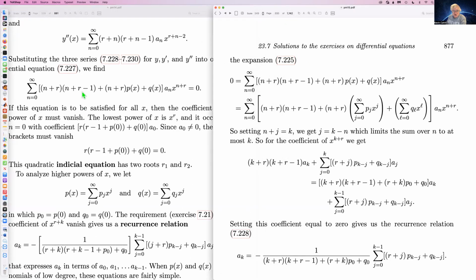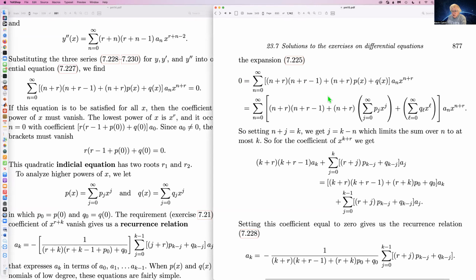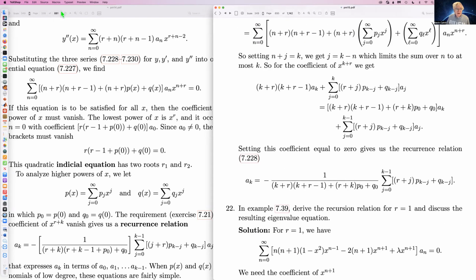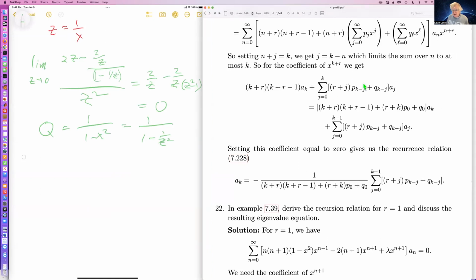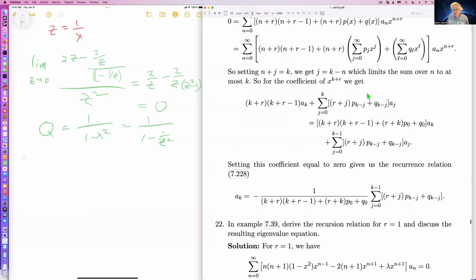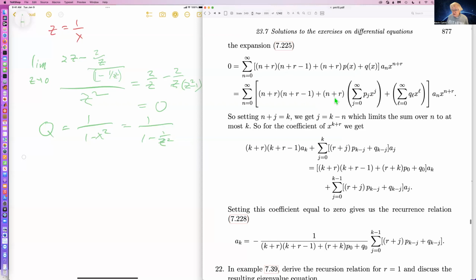Okay, so this equation is here, and that's equal to 0. Now what you do is you express p as a sum and q as a sum. Now let me get this out of the way in case I write something on the iPad. So now you have that this is equal to that.